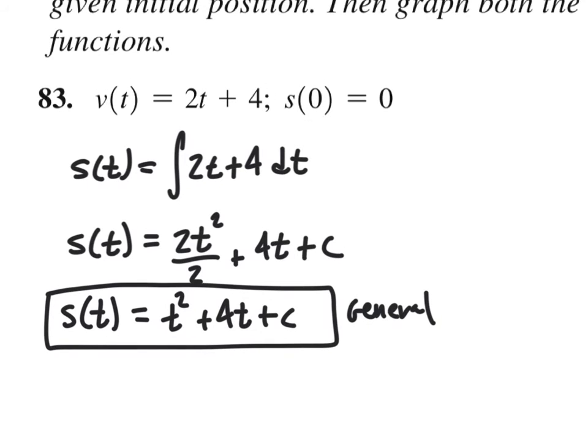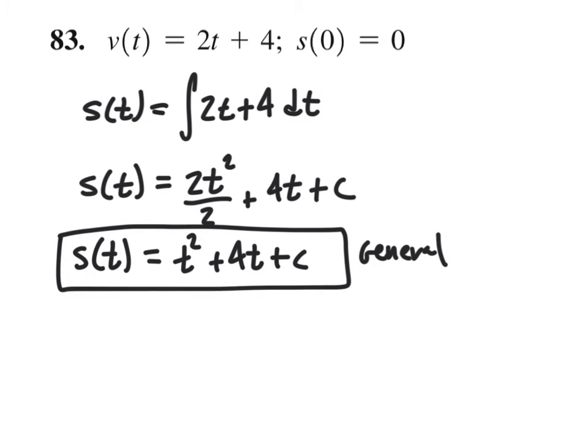And so this is my general solution. Now what I want to do is use my initial condition and figure out what c is. This one's kind of simple because I'm plugging in 0 for t and 0 for my position. So I get 0 is equal to 0 squared plus 4 times 0 plus c.